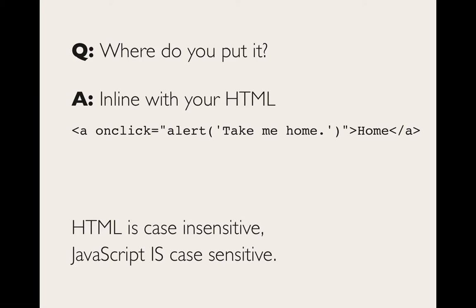So where do you put an event? The traditional classic way that we don't do anymore is inline with your HTML. You'll see this occasionally, you may even need it occasionally, but it's generally considered old school, where you have an anchor tag and you just say onClick equals, you have the event, and then some JavaScript. Notice the usage of the double quotes that contain it and the single quotes inside so that the parser doesn't get confused where the JavaScript begins and ends.